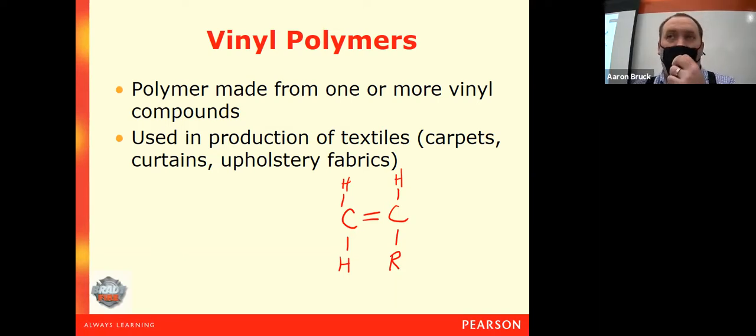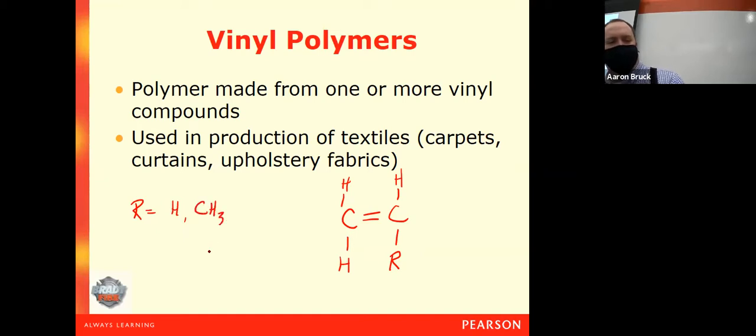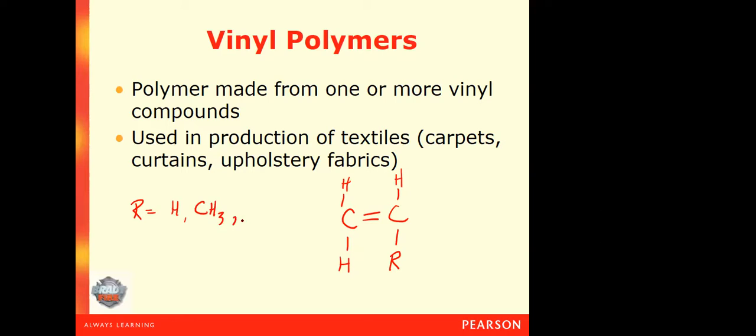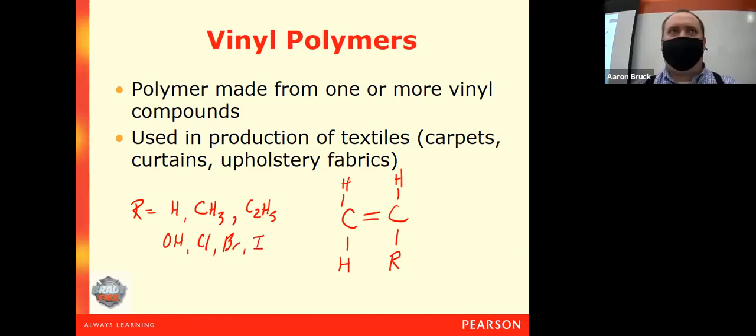And depending upon what that subgroup is, it could be as simple as a hydrogen or maybe another carbon-based group, a hydroxyl group, a chlorine or a bromine or an iodine or sulfur.